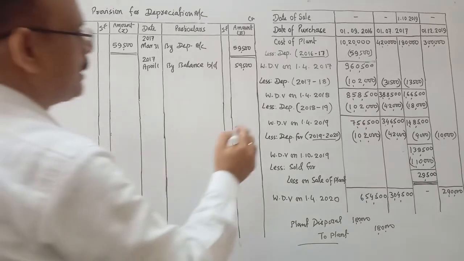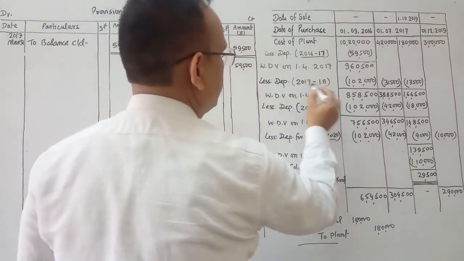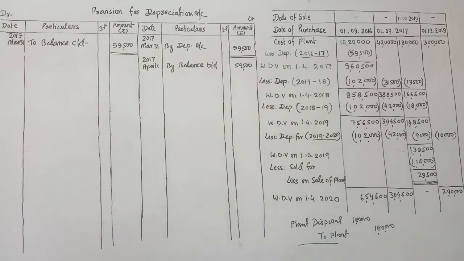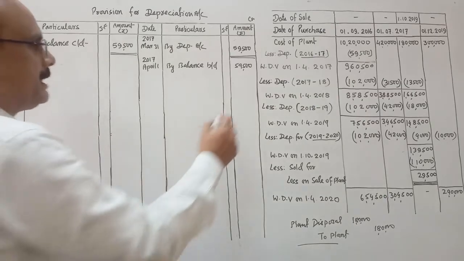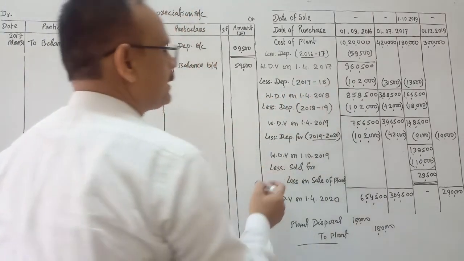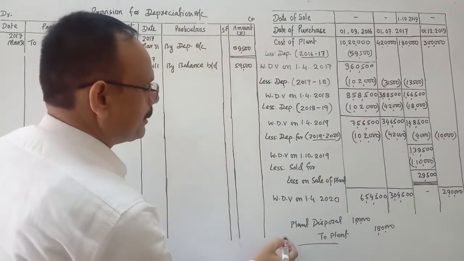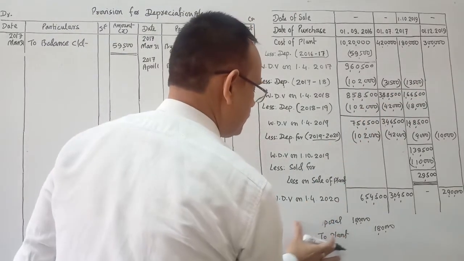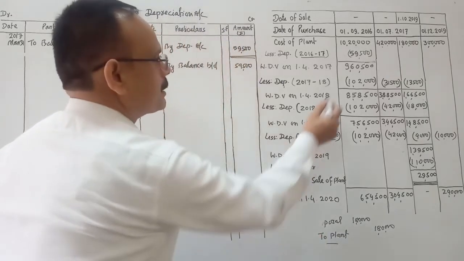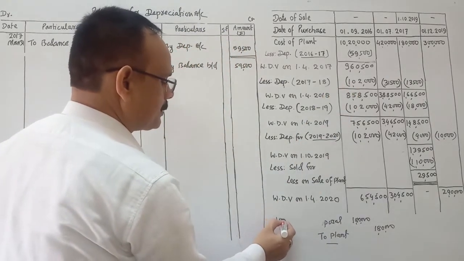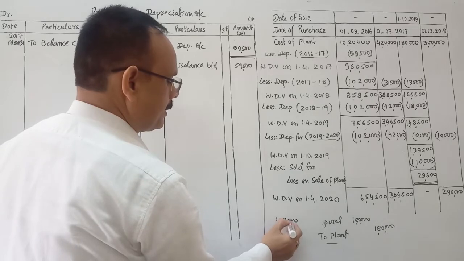Okay. Now come to this financial year, 17-18. In this financial year the depreciation is this, so you do the addition. This is 1,02,000, the depreciation of the first machine.